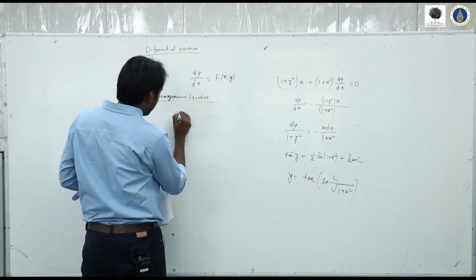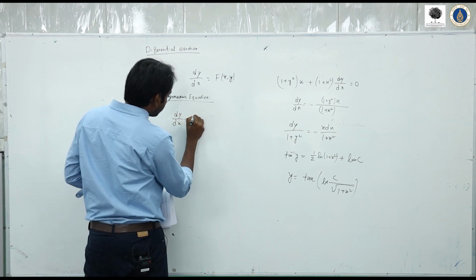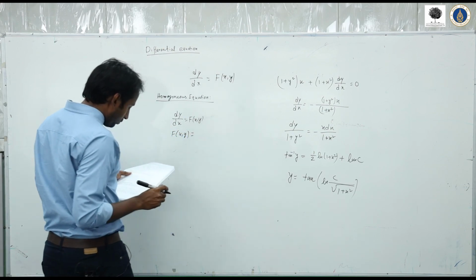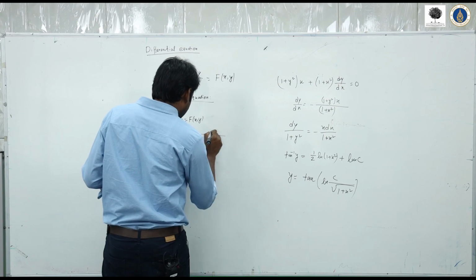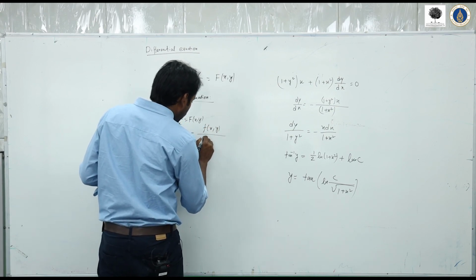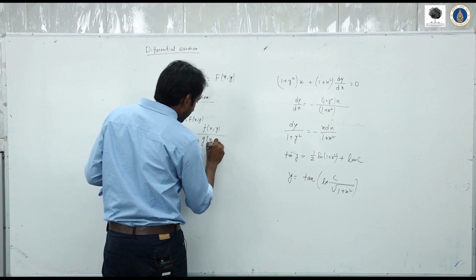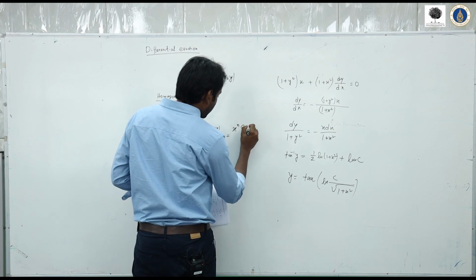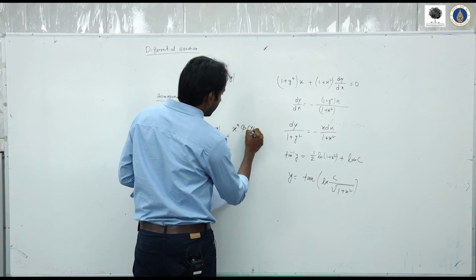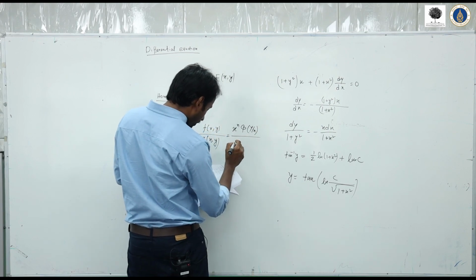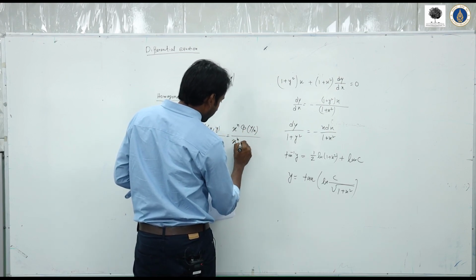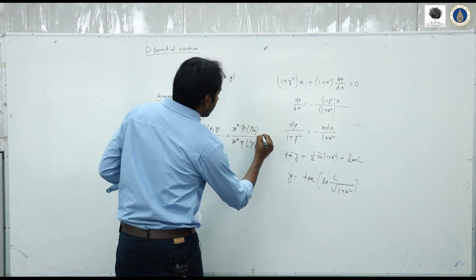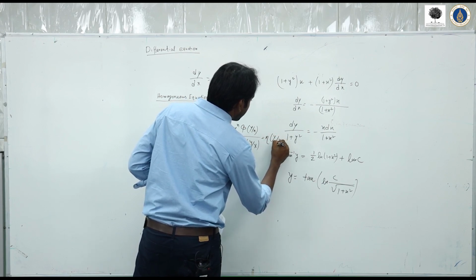Suppose you have dy by dx equal to f of x, y. If f of x, y looks like a ratio of two functions g and h, and you take x to the power n and write this as a function of y by x, and I will give an example for this, then you can say this is a homogeneous differential equation. Okay.